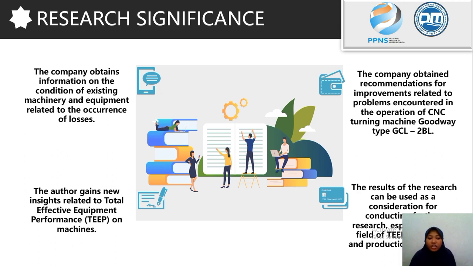Also, the author gains new insights related to total effective equipment performance on machines. And then the results of this research can be used as considerations for conducting further research, especially in the field of TEEP machinery and production equipment.